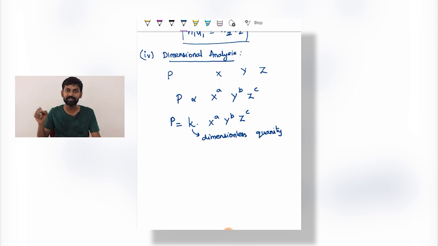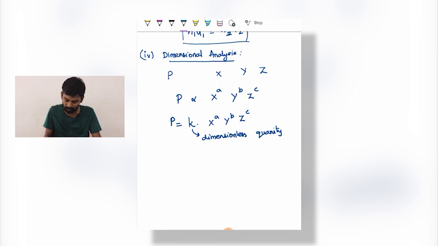If I equate the powers of T in LHS and RHS, I will get a third equation. So when I get three equations in terms of A, B, C, I can solve the variables A, B and C. If you are able to solve A, B, C, then you can establish a relation between P and X, Y, Z.